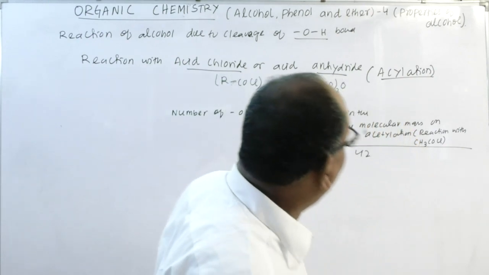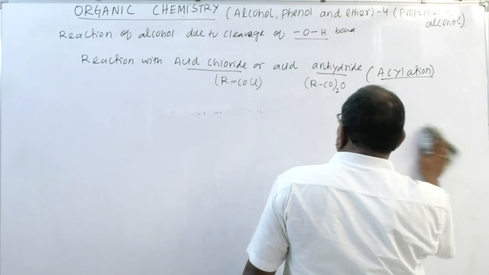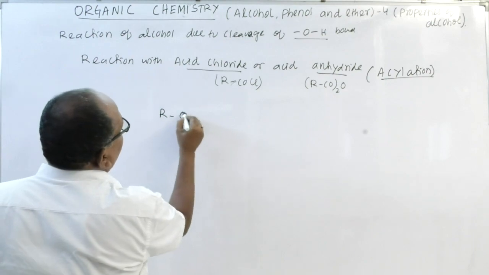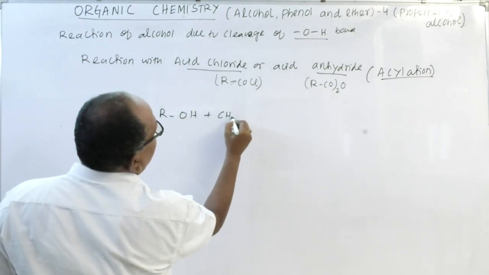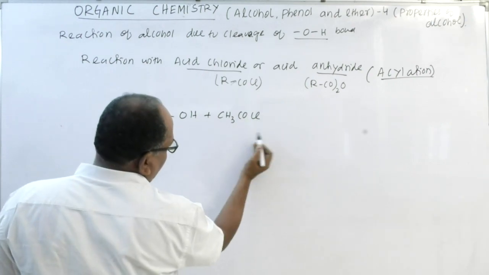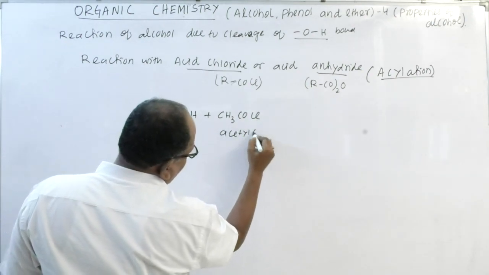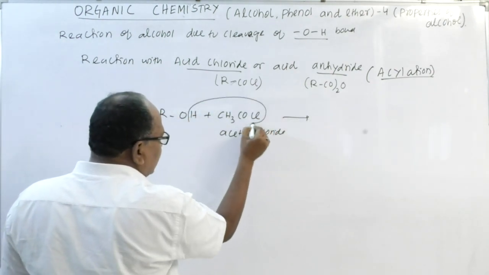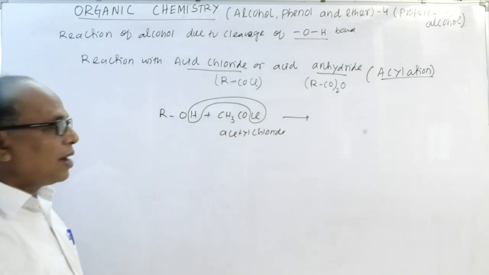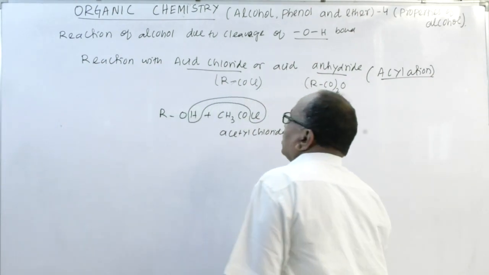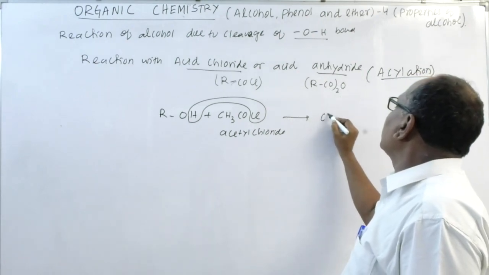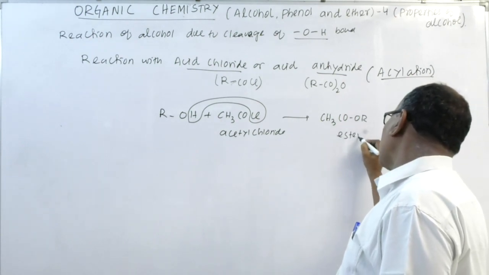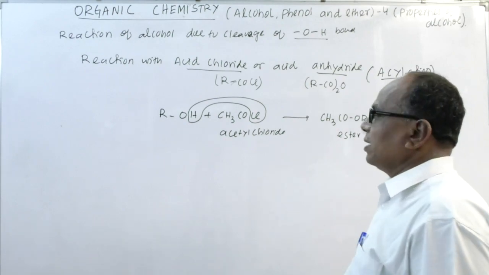Okay students, let us see how the alcohol reacts with your acid chloride. Suppose this is your alcohol, and this is your CH3COCl, your acetyl chloride. On acylation, the H of the alcohol and Cl from the acid chloride, acetyl chloride, are lost and it gives you an ester, CH3CO-OR, plus HCl.